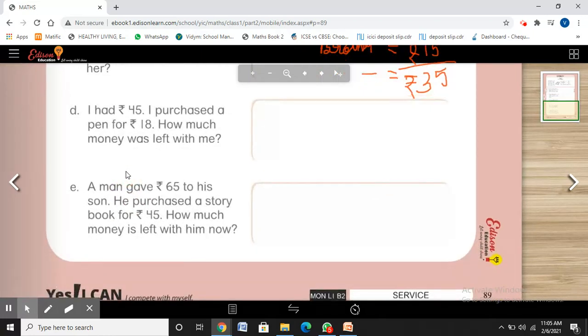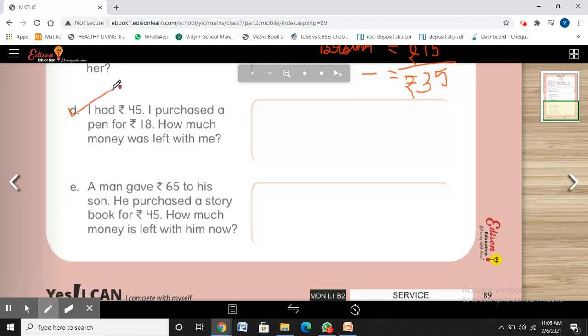Okay. I had 45 rupees. I purchased a pen for 18 rupees. How much money was left? So total money 45 rupees, pen 18 rupees, then money left, you will subtract. You're going to do question D and E yourself.